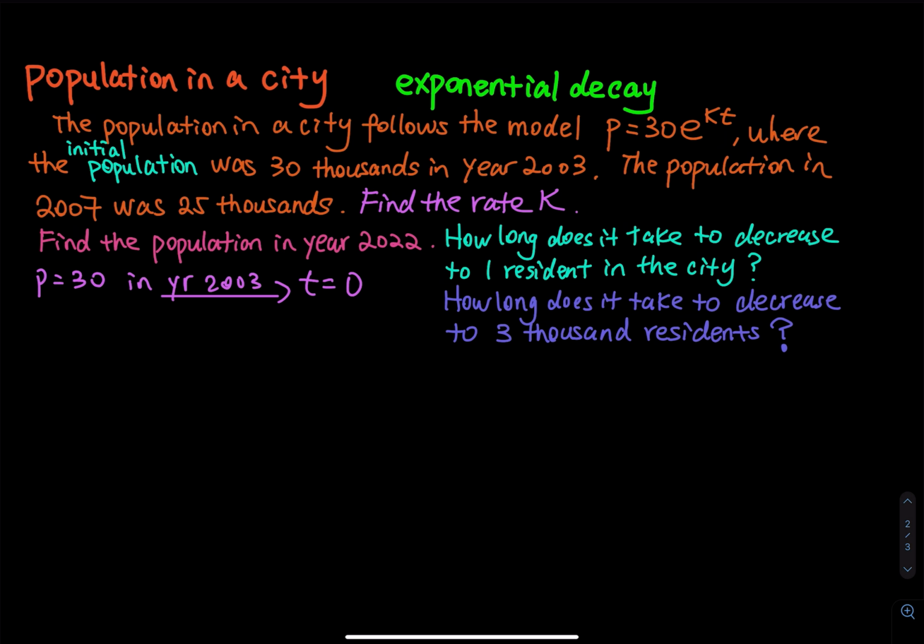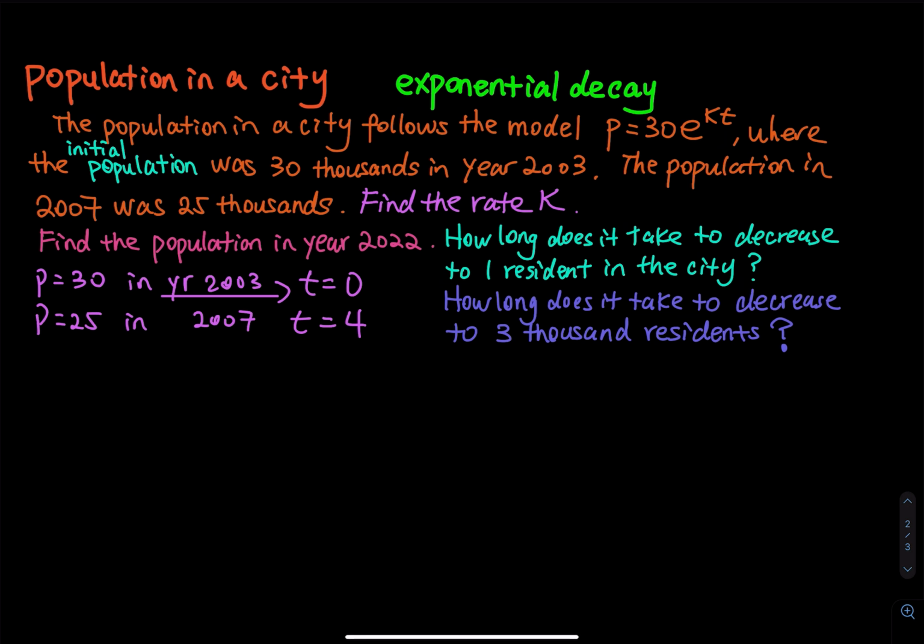You have to find out what the initial time or initial year is, and then let that equal 0. And then what else do I need? I need the second sentence. The population was 25,000 residents in 2007. So in 2007, what is the t then? 2007 and 2003, 2007 is 4 years later, so t equals 4.